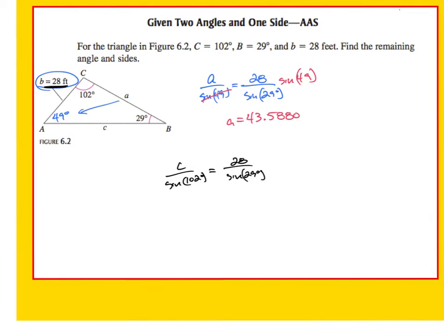And so all we have to do is multiply by sine of 102. And then we type it in our handy-dandy calculator. Good.